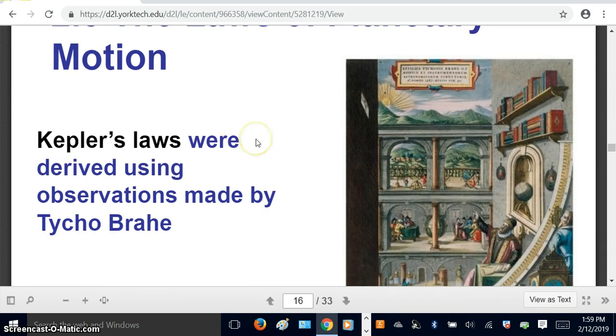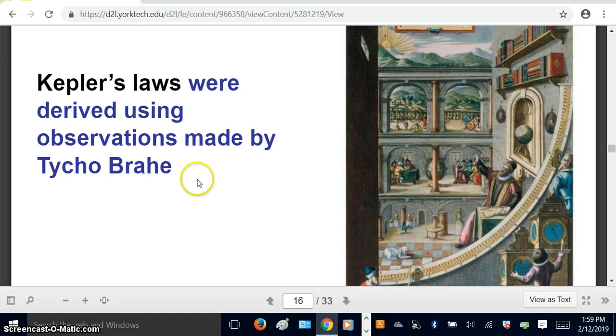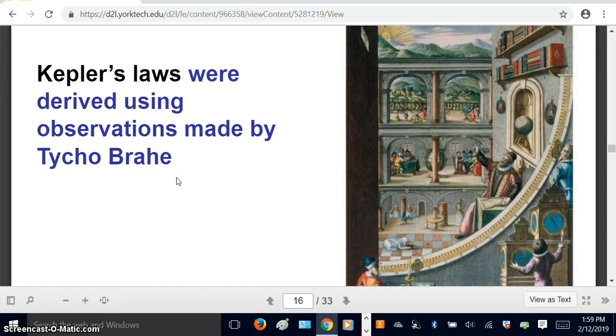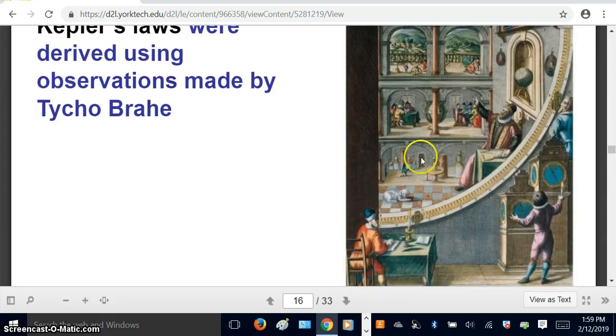So Kepler's laws. Kepler actually used observations made by a contemporary of his named Tycho Brahe. Tycho Brahe is the last of the just naked eye observers. So he didn't actually have a telescope. He made all of his observations in this castle, and this is actually a picture of his instrument.